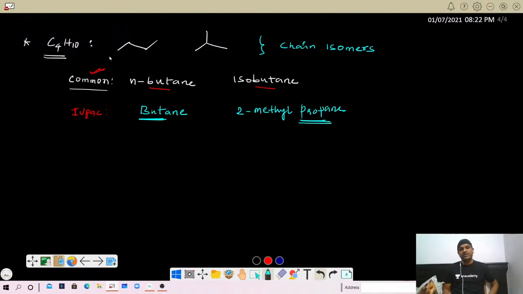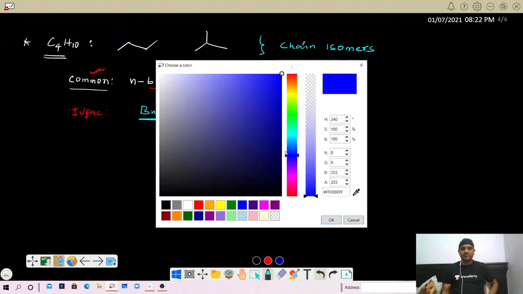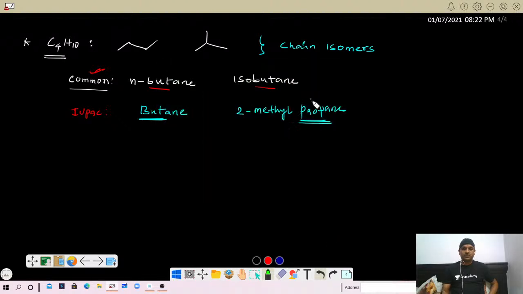It's not a big issue. Similarly, suppose I give a 5 carbon system, a molecular formula containing 5 carbons. How many chains can we make? Whatever the hydrogens or oxygen, that doesn't matter.